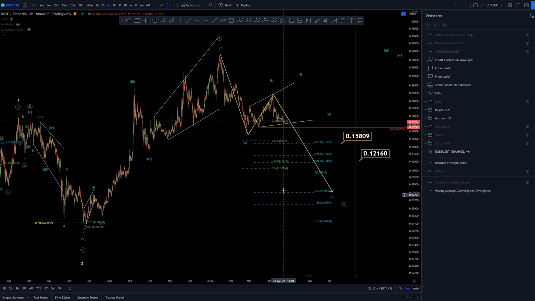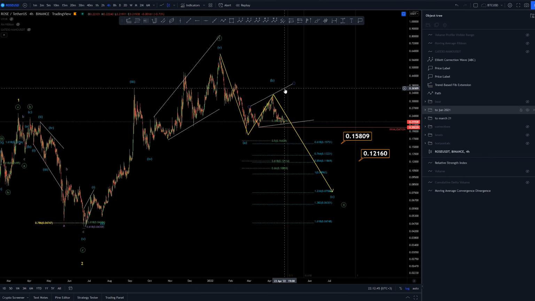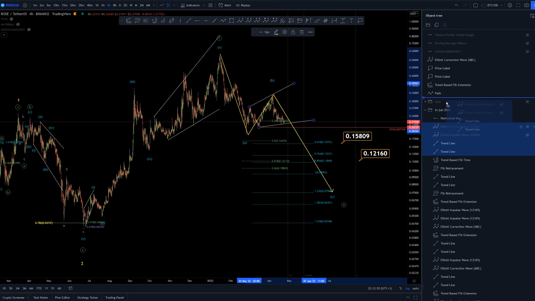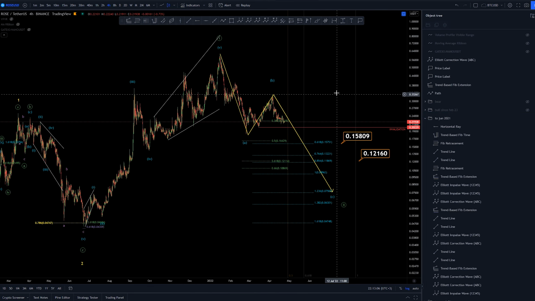Let's hide that and hide that. Probably I should just hide these two. I'll just make another folder here, and this would be bull since Feb 23rd. Okay, and then we can hide it completely.